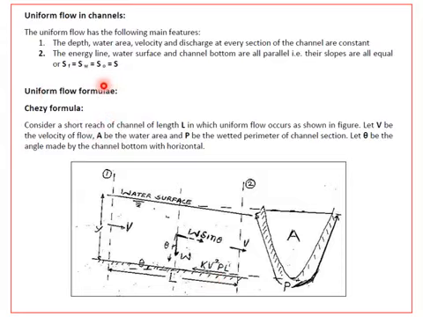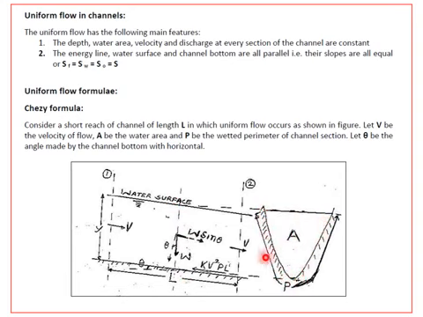So we'll discuss the uniform flow formulas. First is the Chezy formula. Here we have considered a uniform flow, with two sections considered for a length L, where V is the velocity of flow and y is the depth of the flow. Any general section is taken which has a water area and a wetted perimeter.